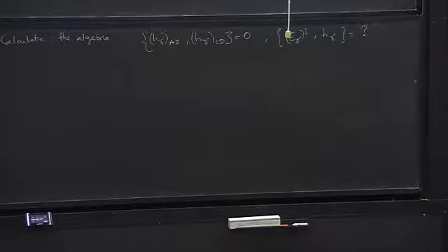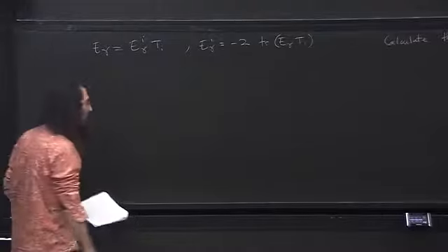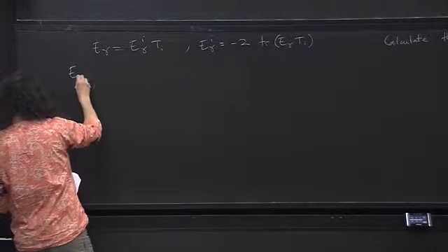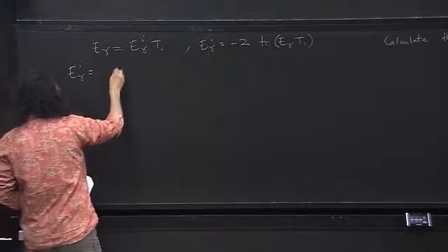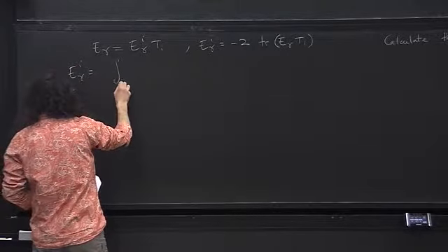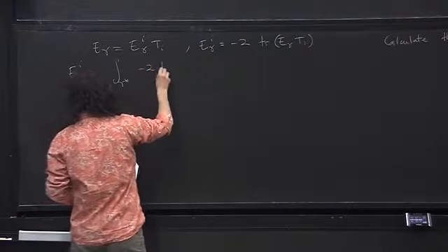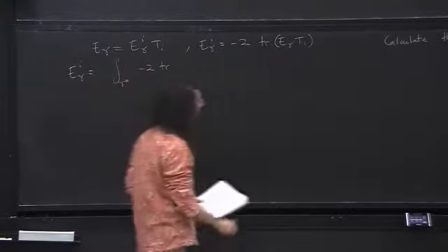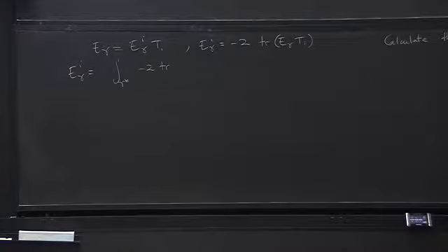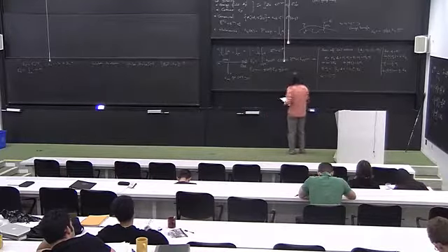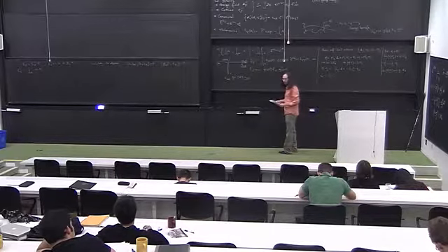So E gamma I is given by this formula with this trace of E gamma times the matrix Ti. So I'm going to write it explicitly. So that's an integral over gamma star, and I have minus 2 trace of... Then I have together all the things that are 2 by 2 matrices.